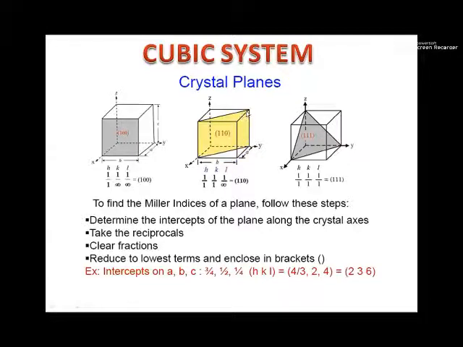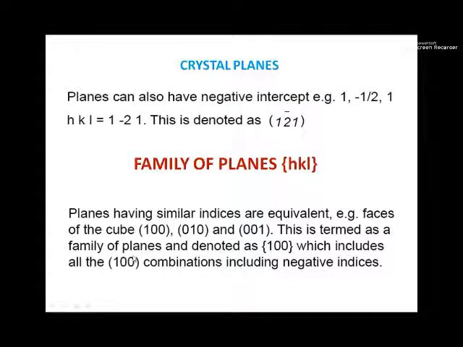Now the Miller indices of this plane will be 1 1 0, and obviously this plane is 1 1 1. Now you have to take these steps to get the Miller indices, as I mentioned earlier. Now the crystal plane can be negative, and it is represented by bar, as I mentioned here.